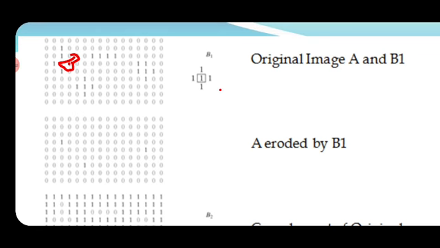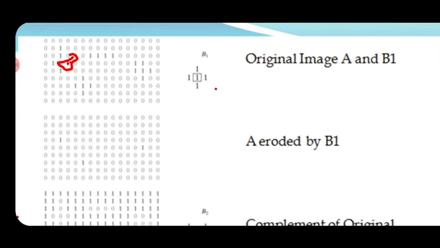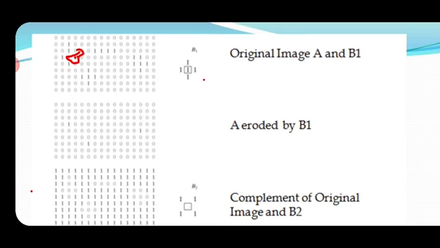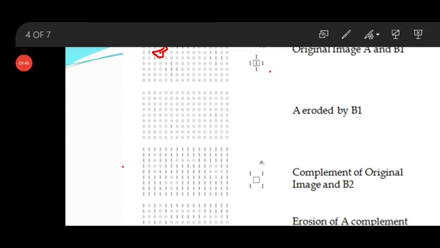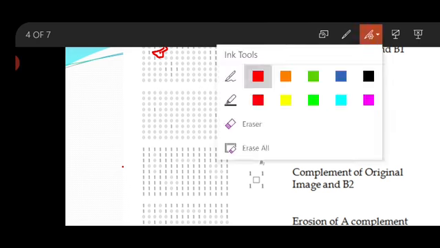I mean to say there is only one configuration in which you can find a match when B1 is mapped pixel by pixel.